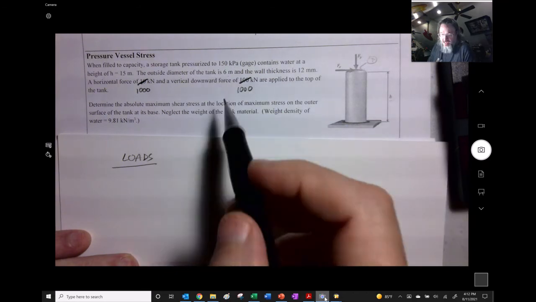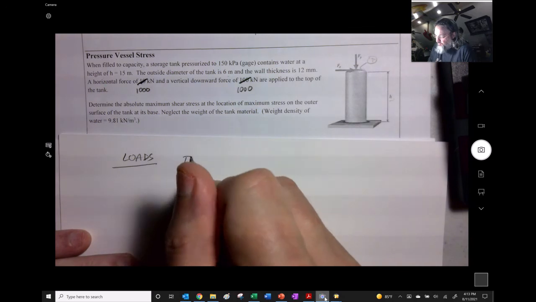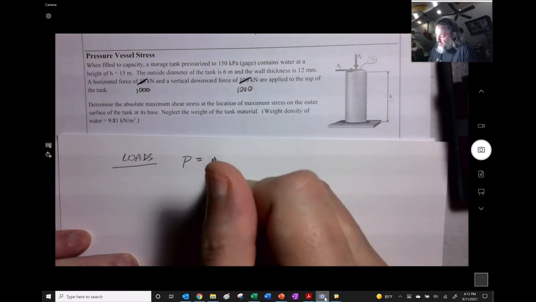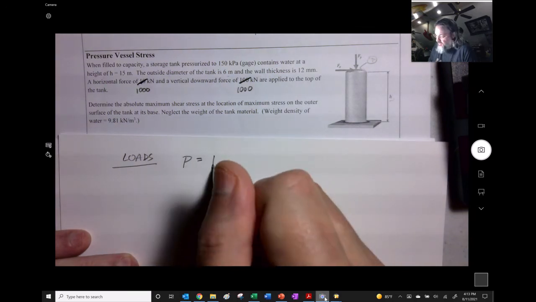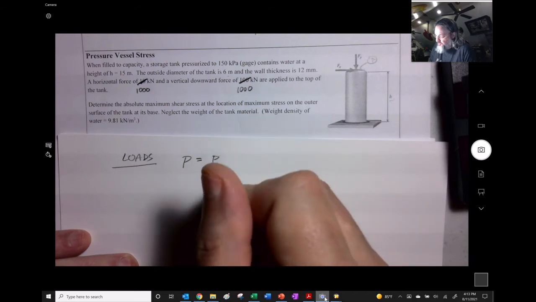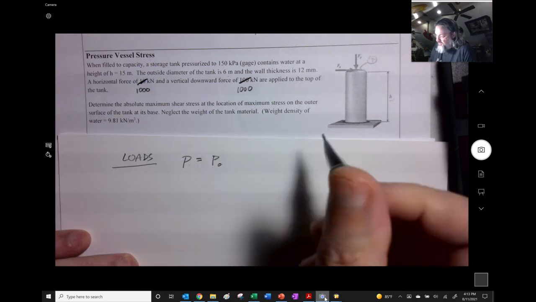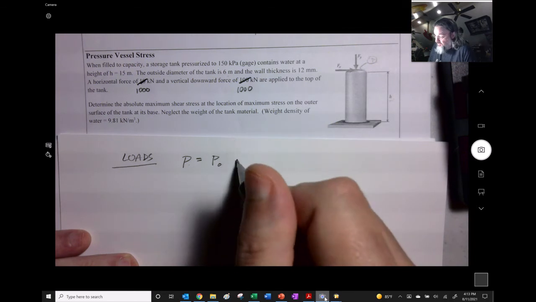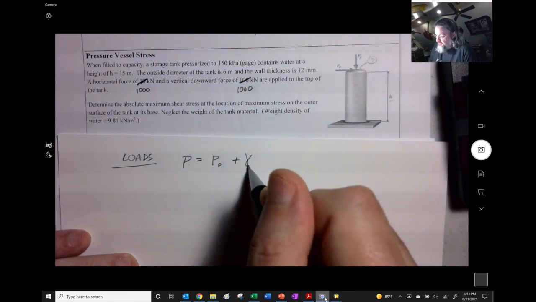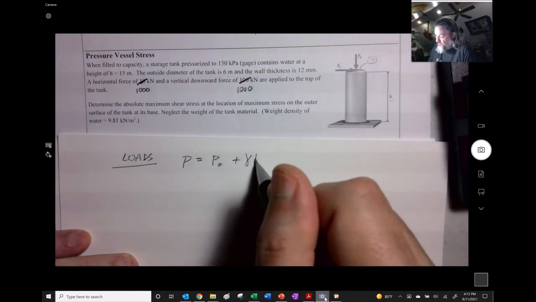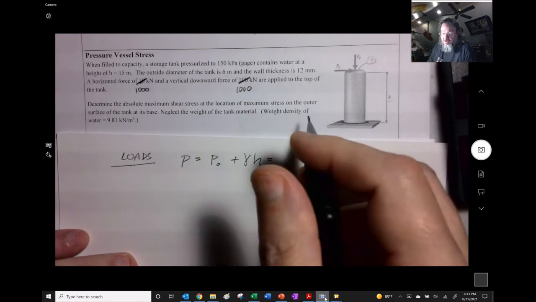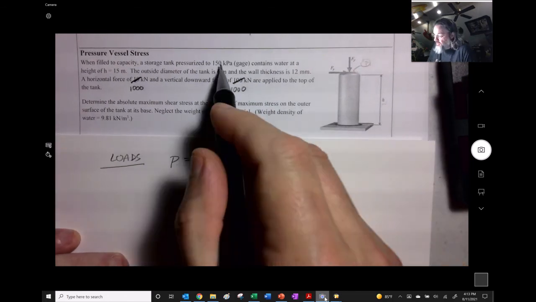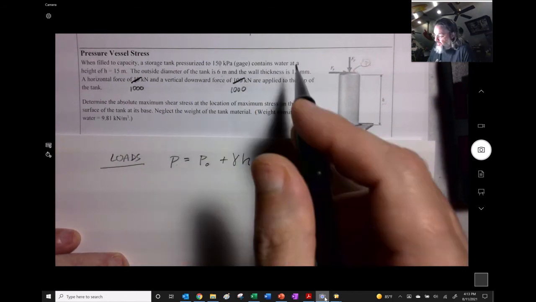If you want to find the pressure, you take the gauge pressure, we'll call that P0, and you take the weight density of water and multiply it by the height. So we start out with 150 kilopascals.